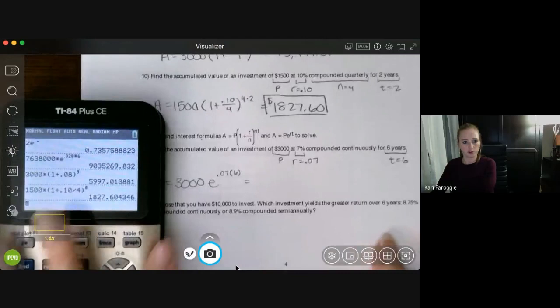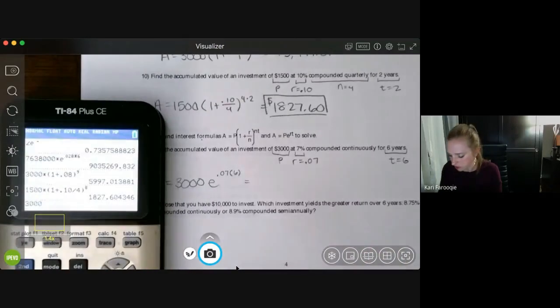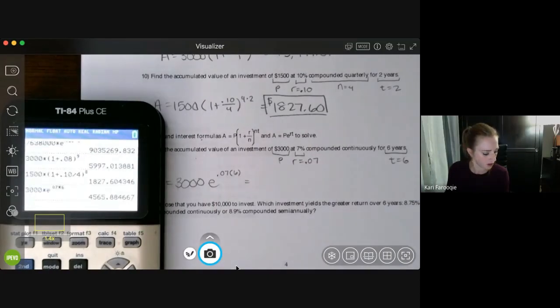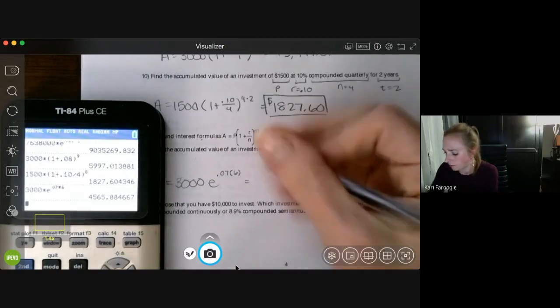So when you put this in your calculator, very similar to what we did before, 3,000 times e to the 0.07 times 6. Make sure that that 6 is also in your exponent. And you should get 4,565.88.